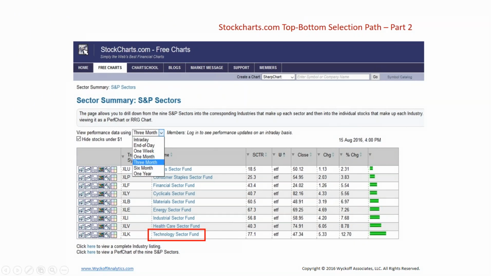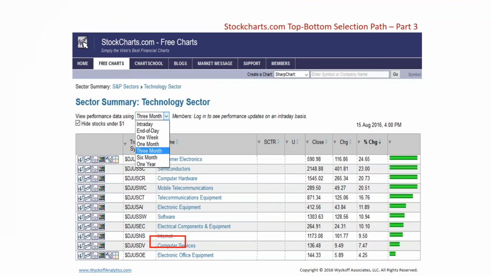So we want to go into the details of that particular sector and start looking at what, in, let's say, a specific period of time is outperforming in that sector. And here are all of the groups that StockCharts has for the technology sector, and we naturally would be inclined to go into this area right here.